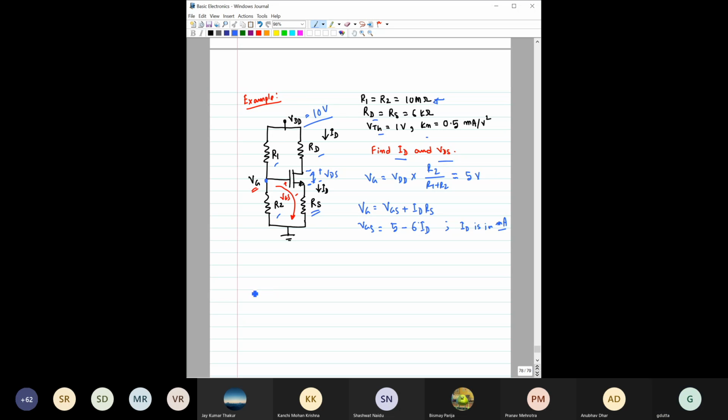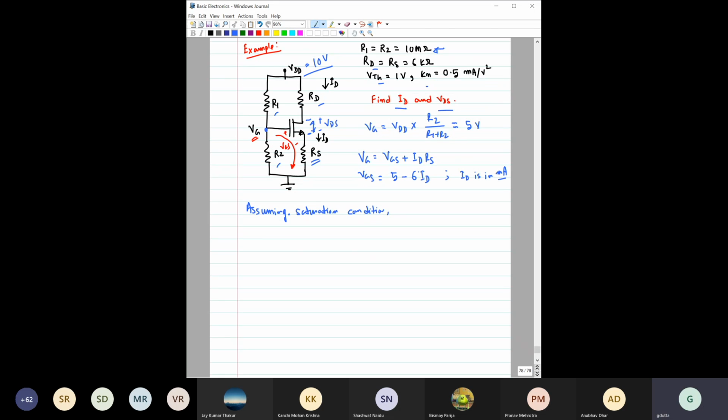Then again, we have to assume saturation condition, right? We have to write ID. We can write ID equal to Kn times (VGS minus VTHN) square, right?